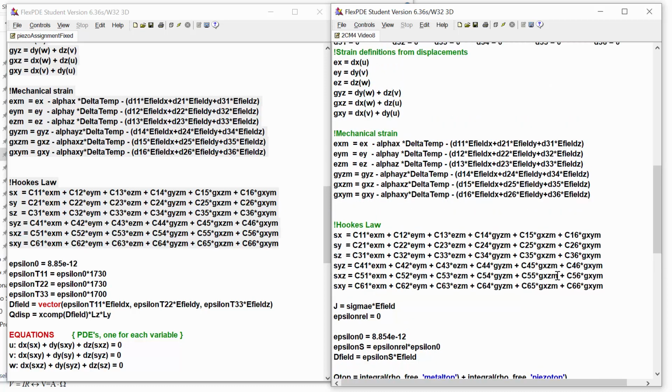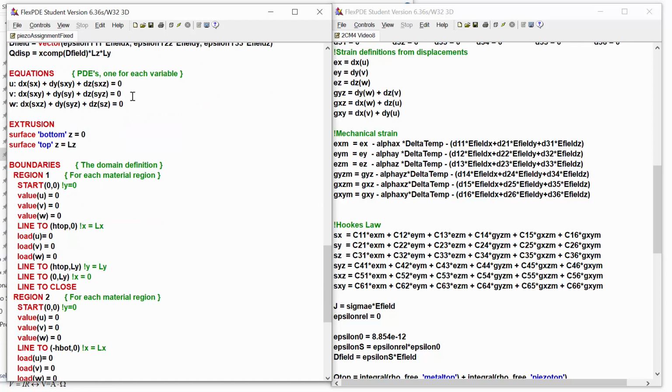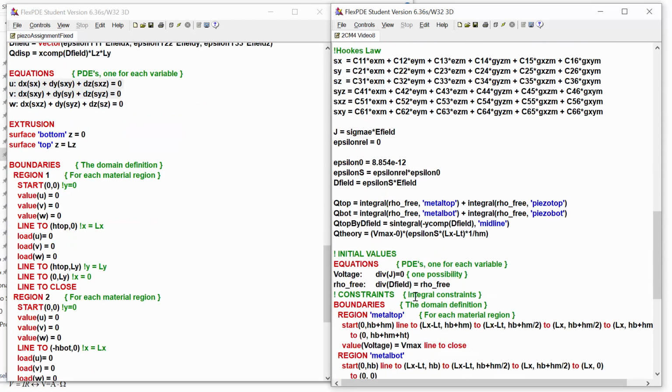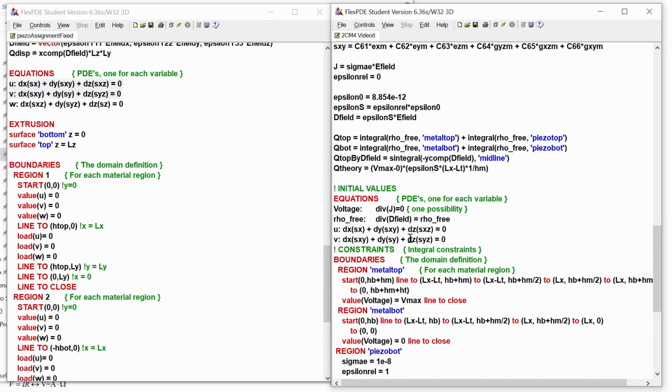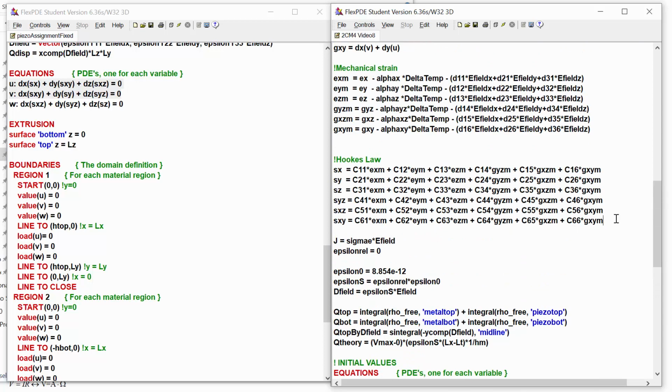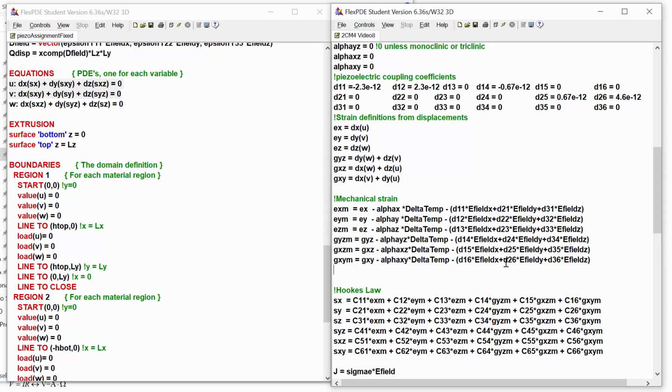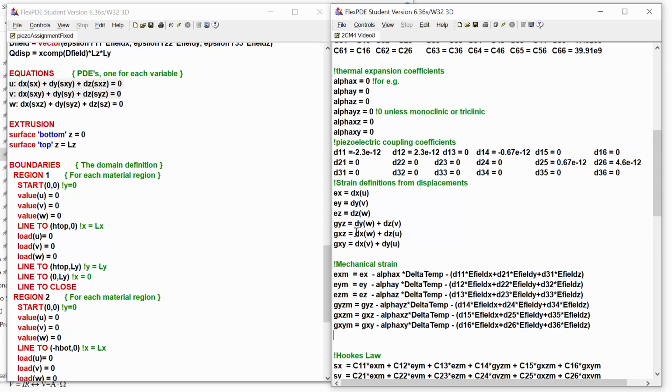Now, to make this into a 2-dimensional thing, we are going to need some stuff to work out a little bit differently. So first we'll just have u and v differential equations, and we can't have any z derivatives in there. So we'll get rid of those. Up here, we could go and eliminate all the things depending on z, but rather than doing that, we can just set the z strains as fixed to 0.